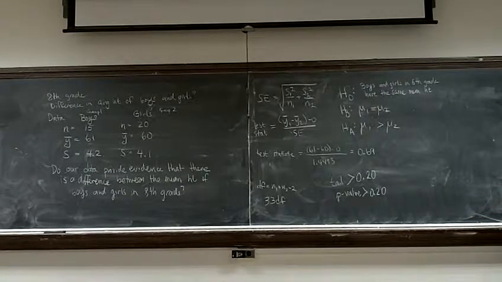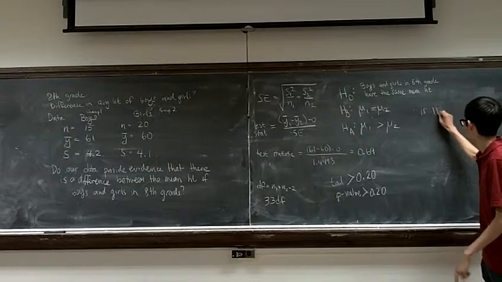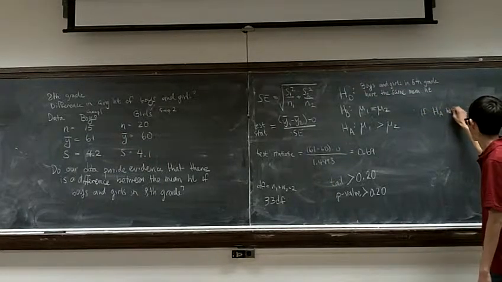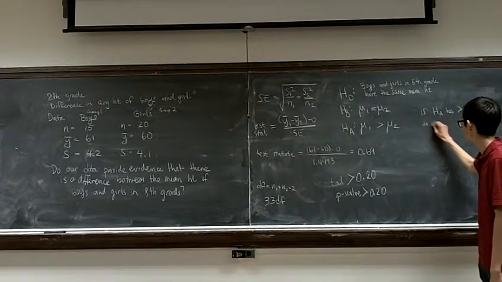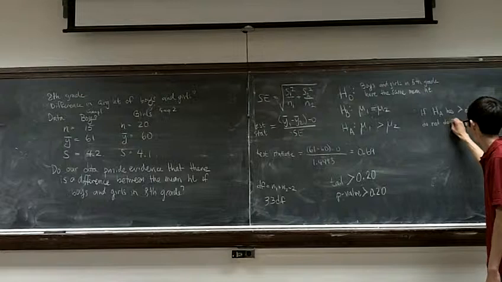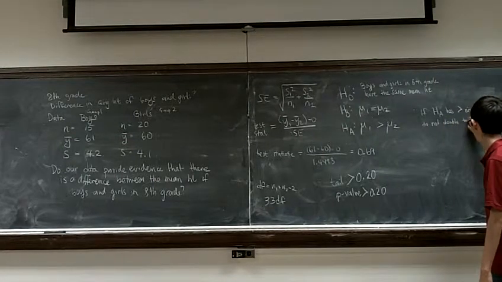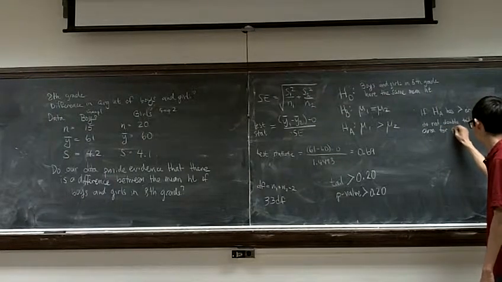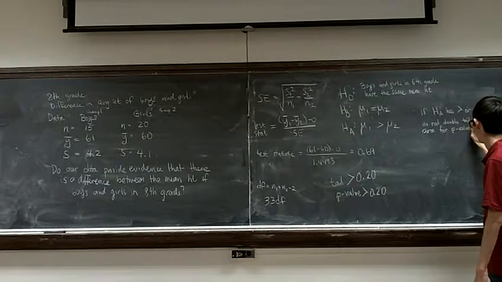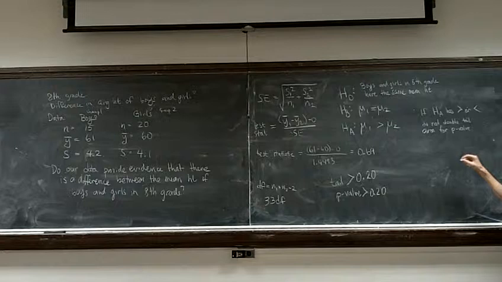But I also must check something called directionality. So if HA has greater than or less than, do not double the tail area for the p-value. Just use the tail area as your p-value.